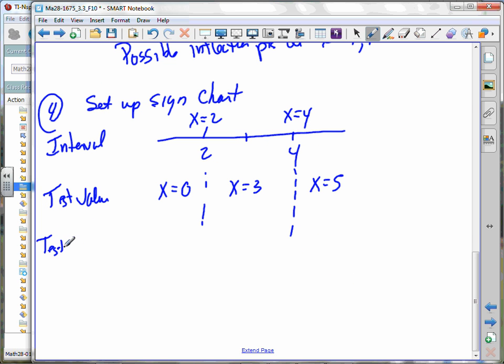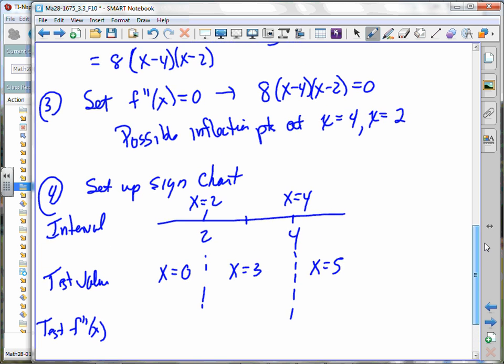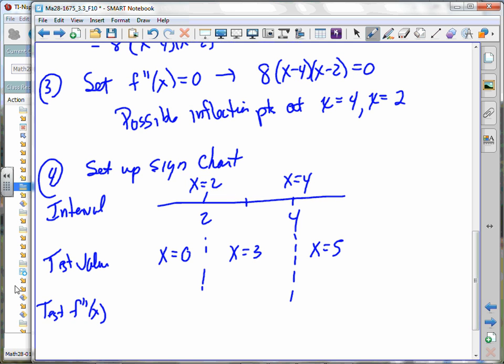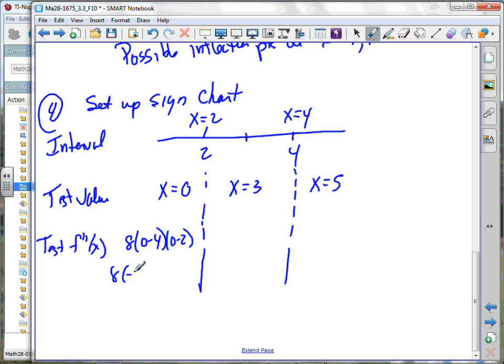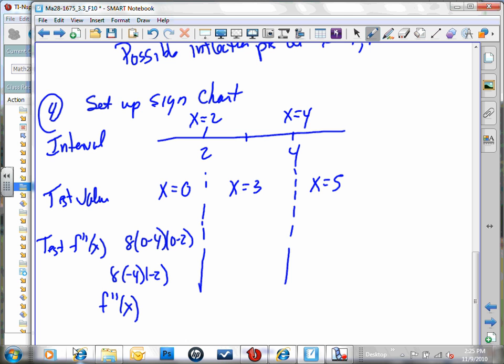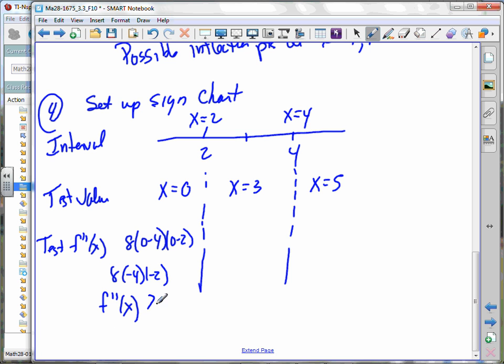Let's test the second derivative. I'm going to pick up my 8 times x minus 4 times x minus 2. So this would be 8 times 0 minus 4 times 0 minus 2. So that's 8 times negative 4 times negative 2, second derivative. Positive or negative? Positive.